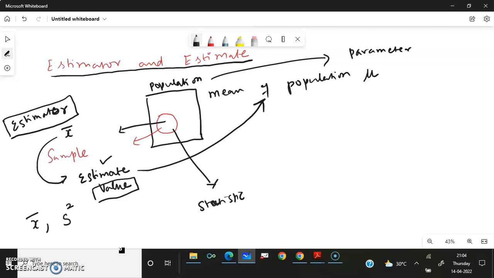So, if a statistic is used to estimate an unknown population parameter, then it is known as the estimator. The value of the estimator based on the observation of the sample is known as the estimate of the parameter.